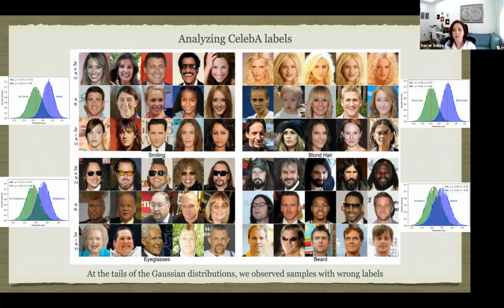Look at the sampled images from the bottom row of the eyeglasses attribute. As you can see, the samples do not have eyeglasses indeed, and yet they are labeled as carrying eyeglasses. So we just highlighted dataset bias here. The patterns are similar for the smile, blonde hair, and beard attributes as well.